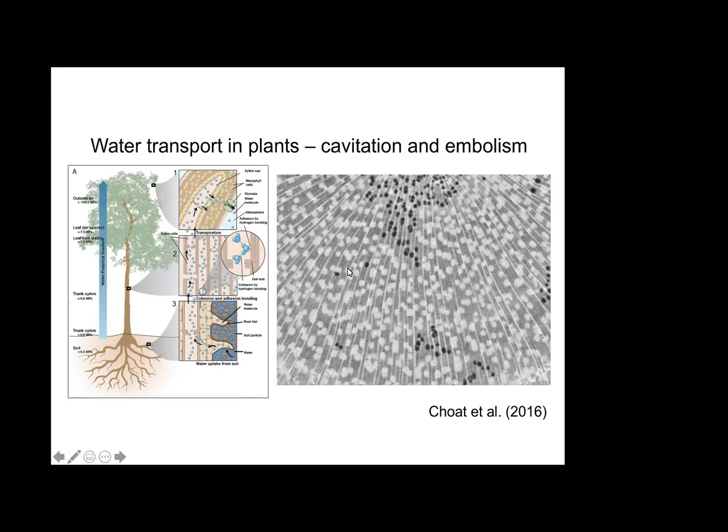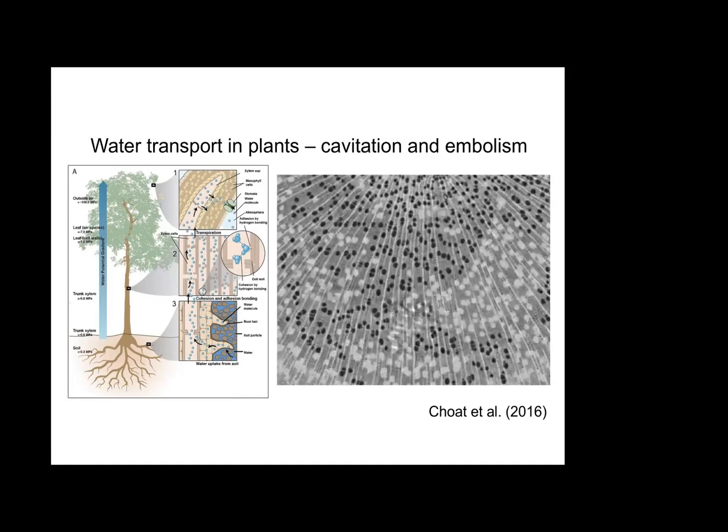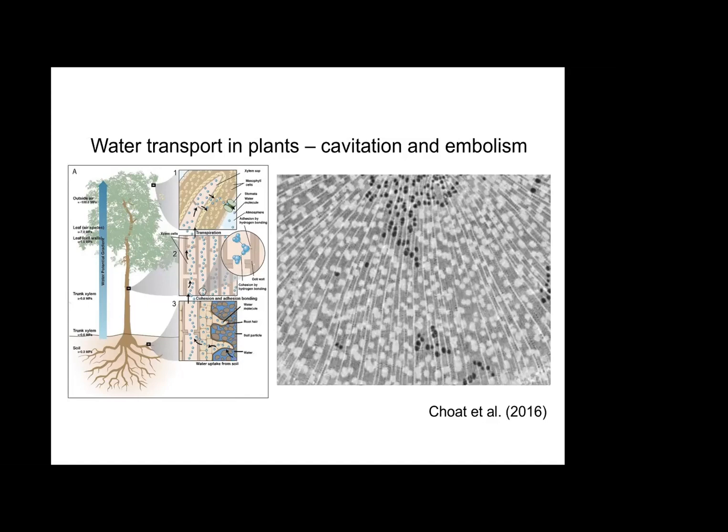and I probably don't need to explain to this audience what hydraulic failure is, but just in case, my colleague Brendan Choat has this really nice illustration of what happens during hydraulic failure. So what's happening is that water is being transported through the stem from the roots to the leaves in the xylem of the tree. It's under stress as the water potential in the soil drops.